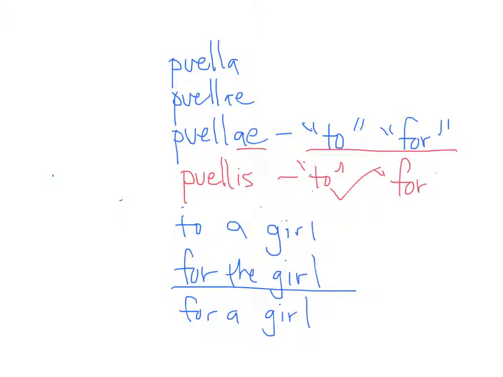It would just be in the plural. So you would say to the girls or for the girls in the dative plural. You add an s, by the way. You can see the s on this dative plural. That may help you remember how to do the dative plural.